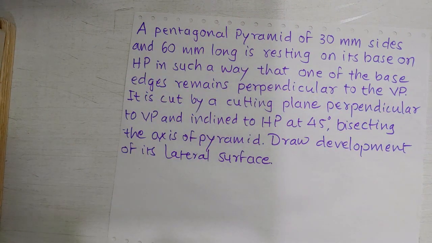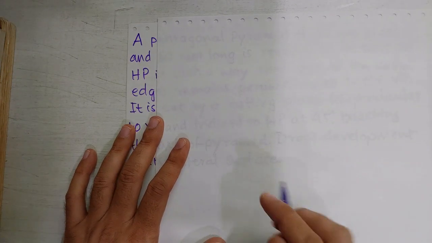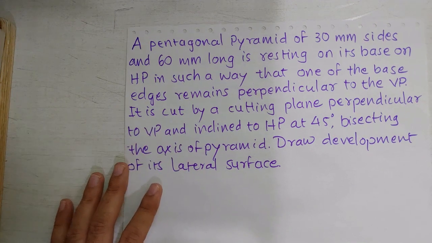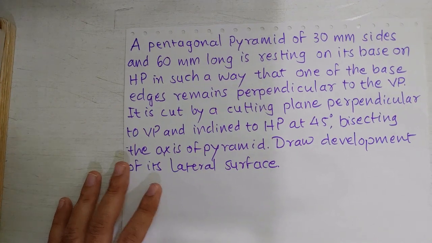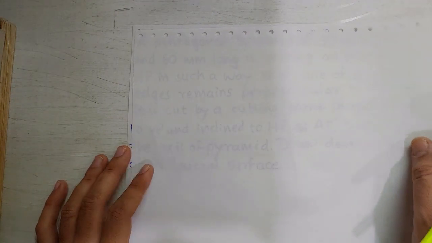So let's see how to draw it. If you want to draw the development of a pyramid, then you have to first draw the front view and top view of it. In case of a pyramid, you will first draw the top view.